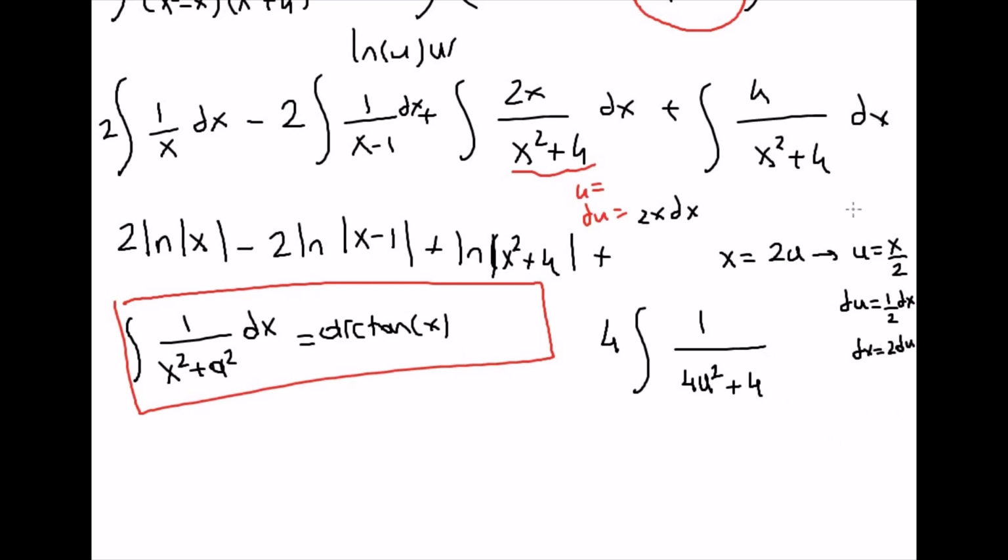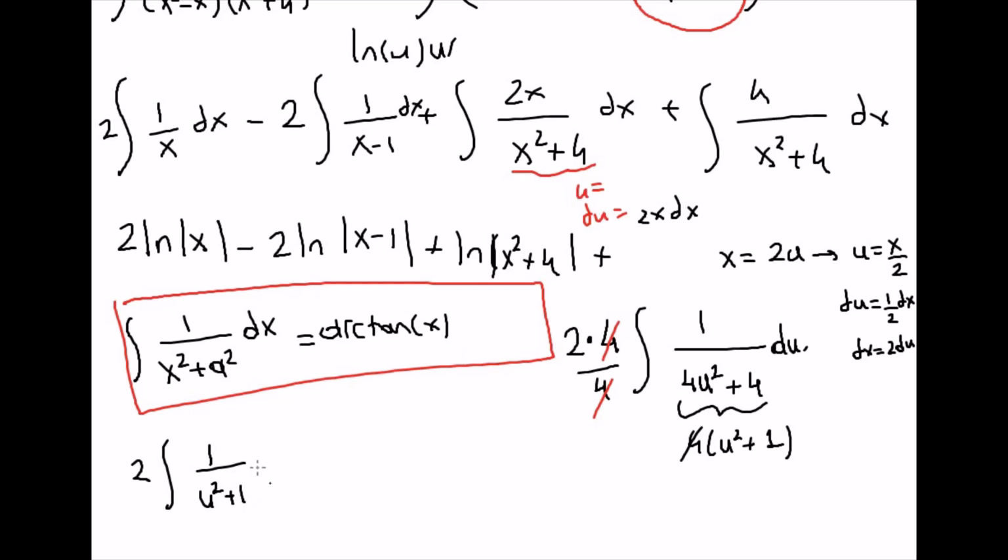So instead of dx, we're going to write 2 du. We pull the 2 in front in multiplication form, and if we factor out 4, we're going to obtain u squared plus 1, and that 4 can be pulled to the front. If we clean up, we're going to have 2 times the integral of 1 over u squared plus 1 du. This is exactly the pattern we wanted.